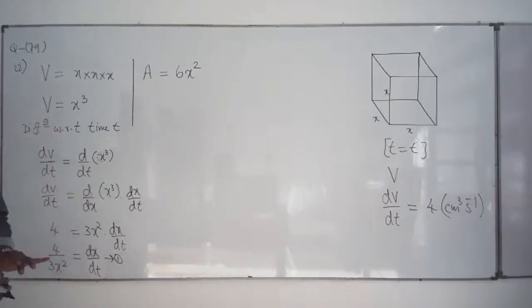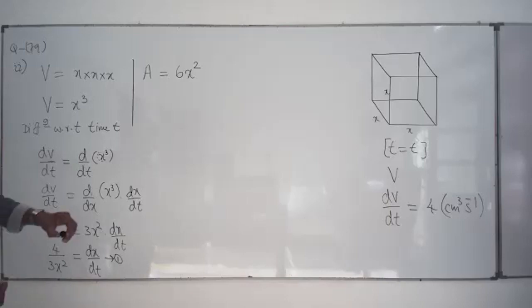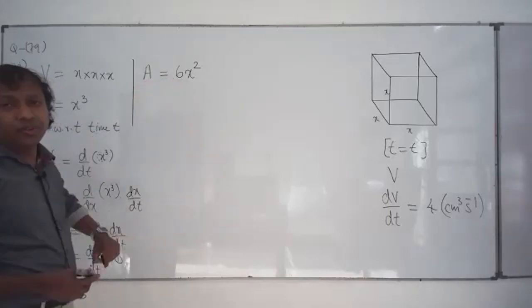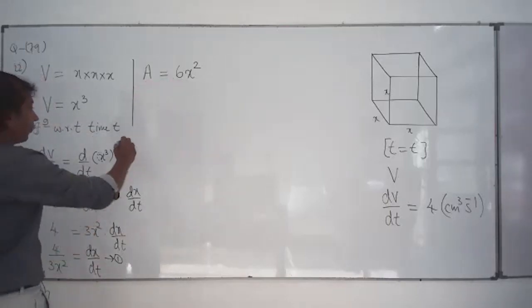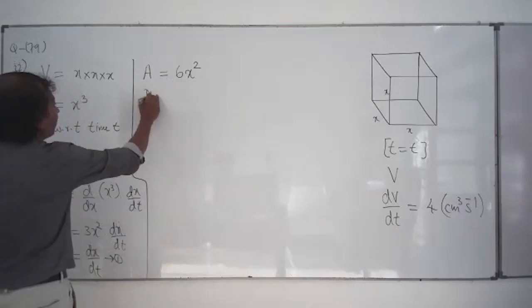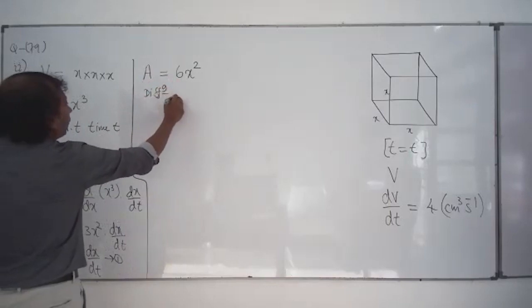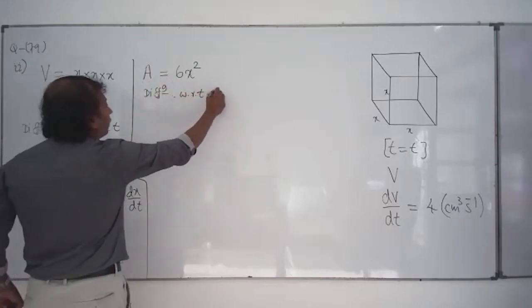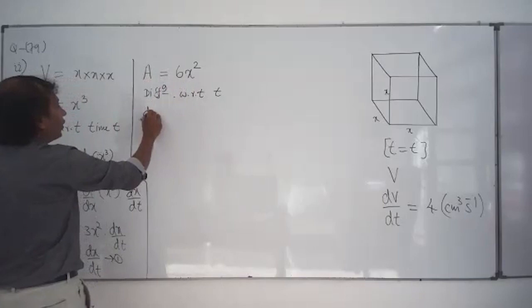We need the rate of change of the surface area. Right. Now we come to this. We differentiate this with respect to t. Differentiating with respect to t, dA over dt comes in.